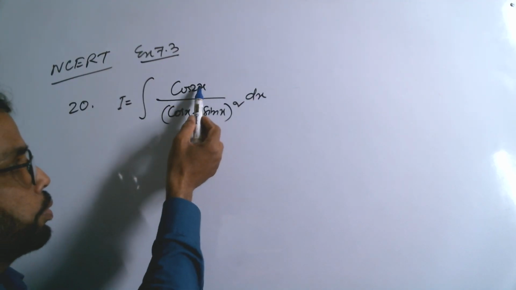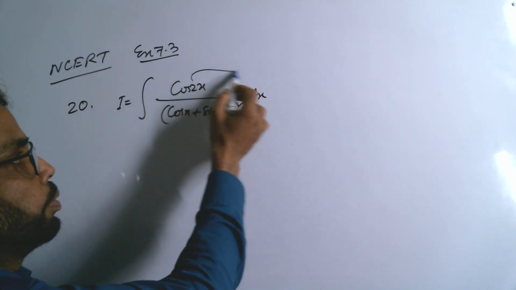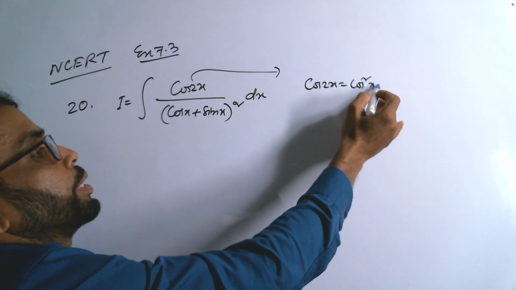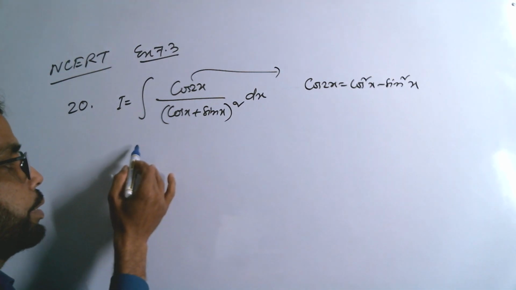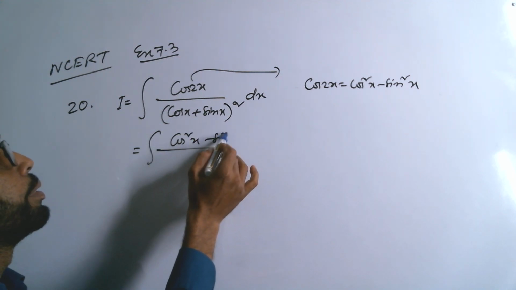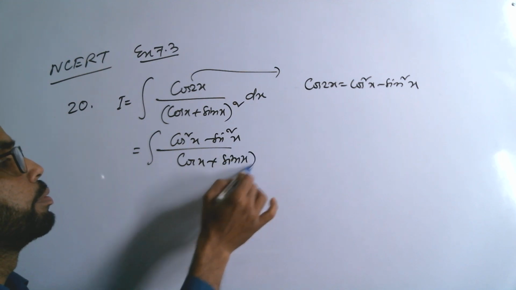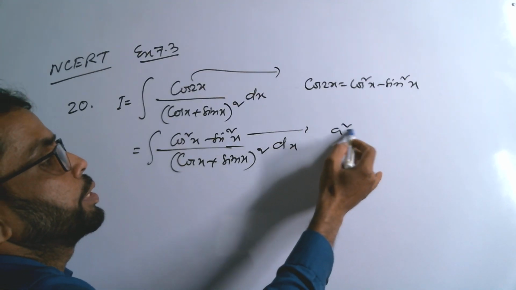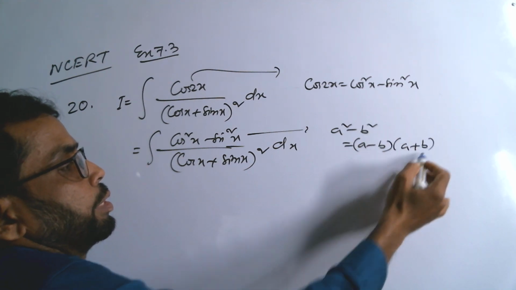The next question is integration of cos 2x by cos x plus sin x whole square. We will use an identity here. cos 2x is cos square x minus sin square x. This identity we will be using at first. cos square x minus sin square x by the denominator as it is. Now in the numerator we can use a square minus b square equals a plus b into a minus b.